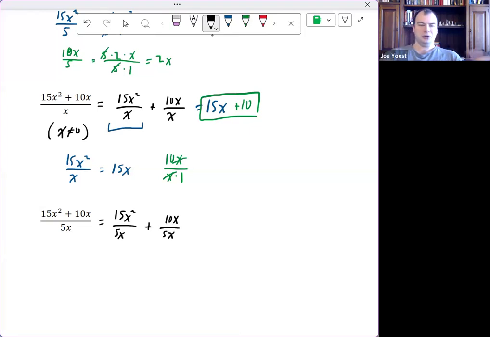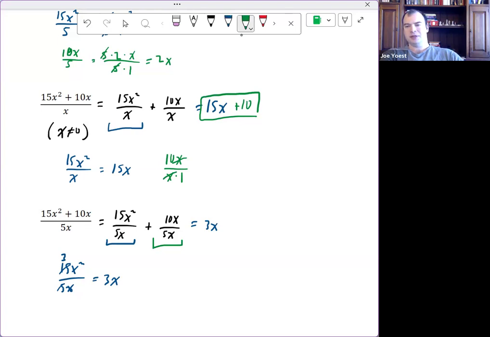Again, I split the numerator terms apart and put each one of them over the same common denominator term, 5x. And again, I would look at 15x squared divided by 5x. A factor of 5 can divide out of the 15, leaving me with 3, and x squared over x gives me x.